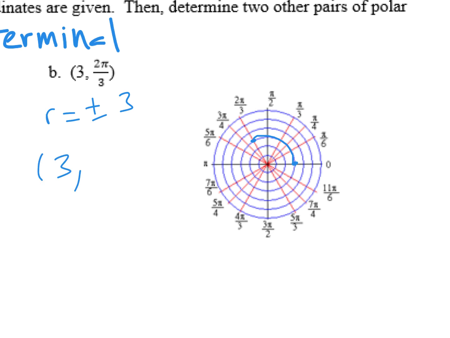If I wanted to keep r at 3, I could do a coterminal angle and take away 6 pi over 3, which is 2 pi. So that would work right there.